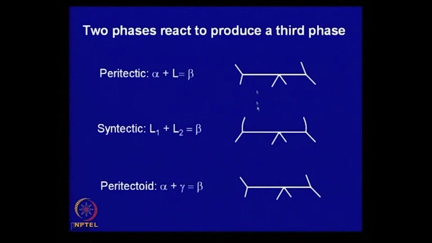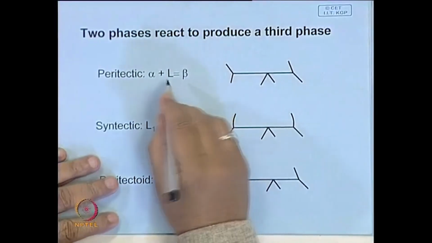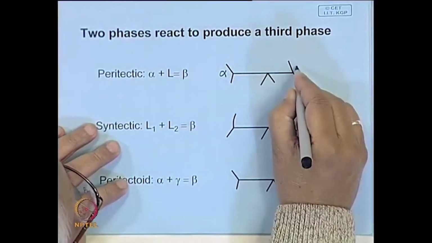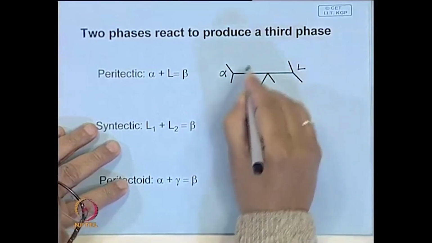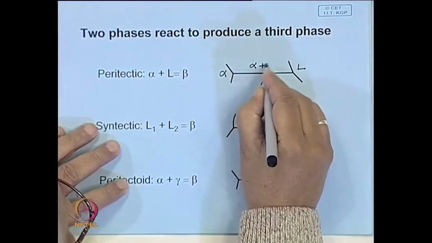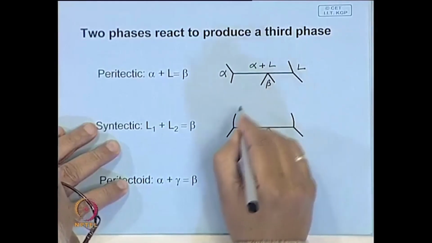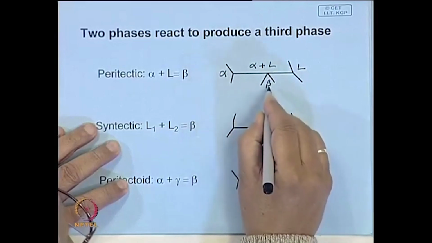Now, there are several variants of this, which you can derive in the same way as from that eutectic reaction. In this particular case of peritectic, here you have alpha, this side is liquid, and here you have alpha and liquid, these two react and form a different solid solution beta.